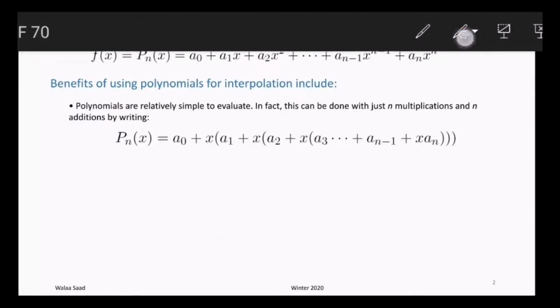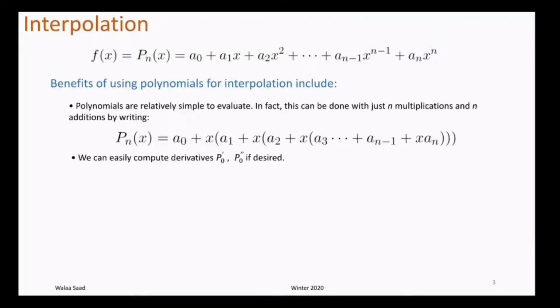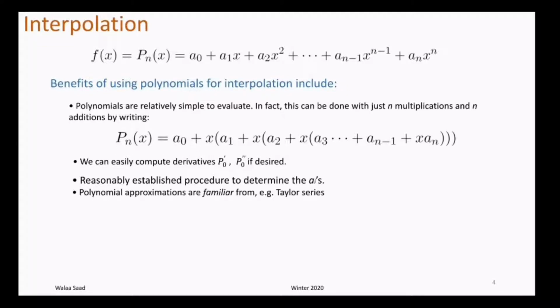If we need to evaluate the polynomial at a certain arbitrary x node value, we will use the Horner scheme in that case, right? Also, in deriving the derivatives, it's very easy to deal with derivatives of polynomials directly, as well as in establishing procedures to find the unknown coefficients, and the polynomial approximations that we dealt with in Math 2, like the Taylor series.